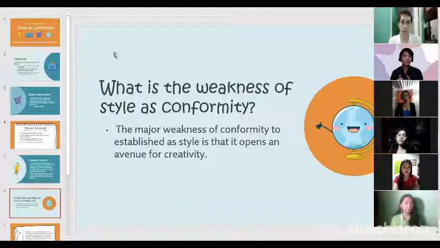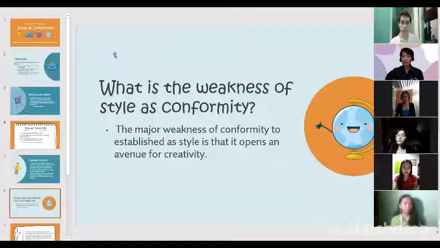At the process where the writer conforms to the norm, obeying or following what other people are doing, that is the point of style as conformity. If the writer is going to deviate from the norms, that will be called style as deviation. That is going to be explained as well by other presenters.